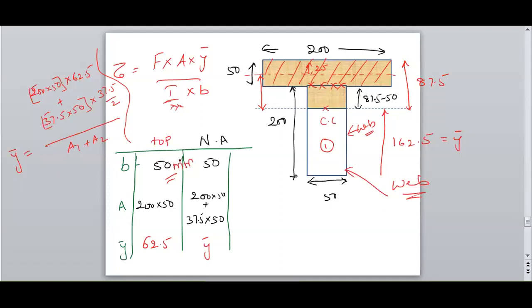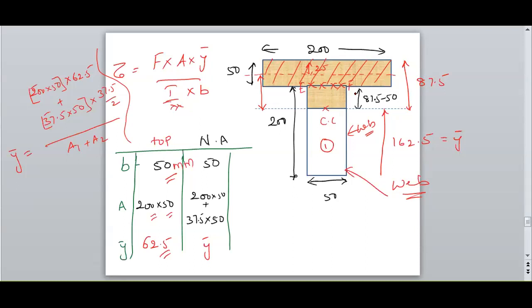The shaded area above the EF line is 200 into 50, and the Y bar will be 62.5.